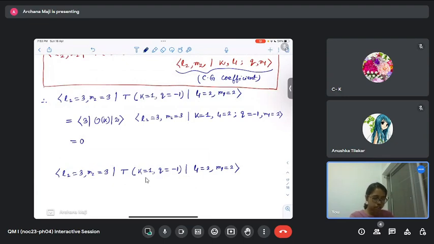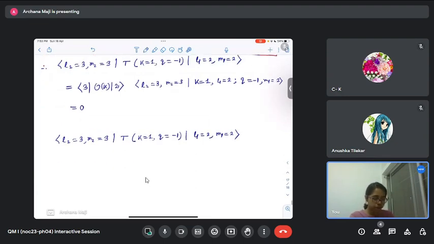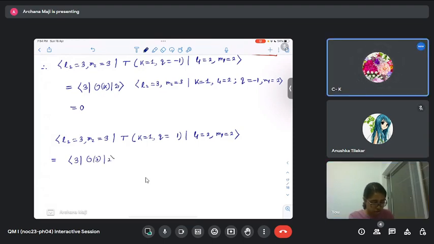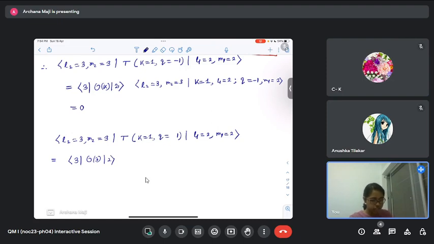Here, in the language of this problem, M2 is not equal to Q plus M1. You can see that? Yes, madam. Okay, so that's why the CG coefficient is 0.